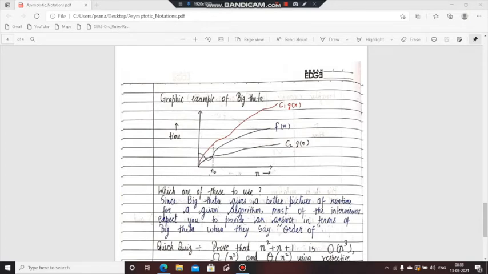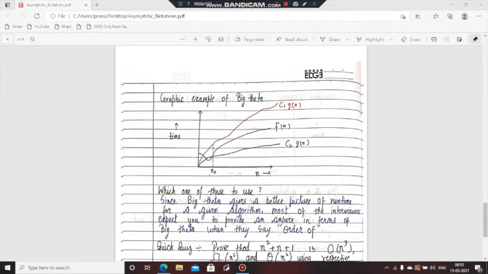Suppose there is a function f of n. The function f of n is sandwiched between the two given functions, c1 g of n and c2 g of n.